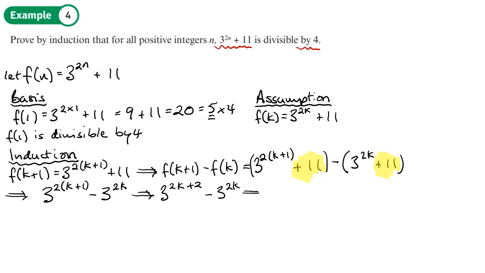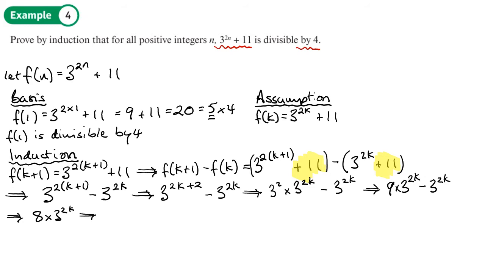So the first term can be written as 3 squared times by 3 to the 2k minus 3 to the 2k. So 3 squared is 9. So I've got 9 lots of 3 to the 2k. Take away 1 lot of 3 to the 2k, which leaves me with 8 lots of 3 to the 2k, and 8 is 4 times 2, so I've got 4 times 2 times 3 to the 2k.